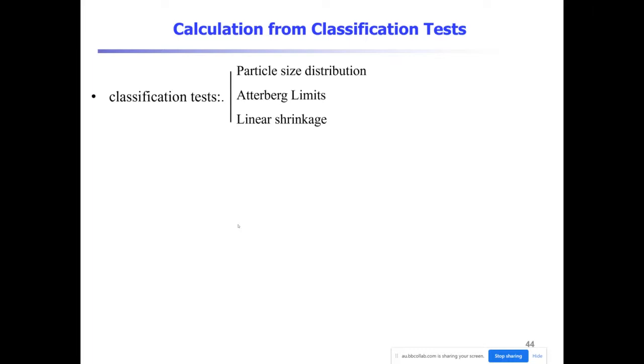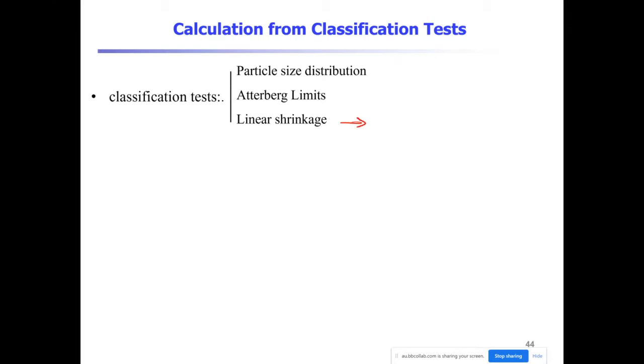So the test is simple. You consider one sample of soil, you simply put it in a mold, and the length of the mold is a specific value. Then you put it in the oven for 24 hours, and when you bring it out, the sample has shrunk, right? So you can simply calculate the level of shrinkage.